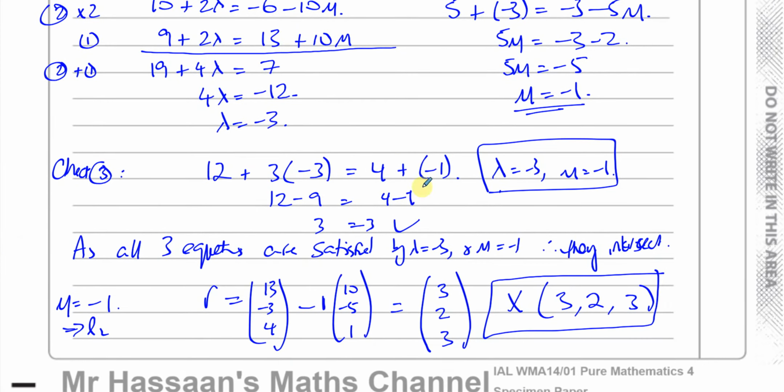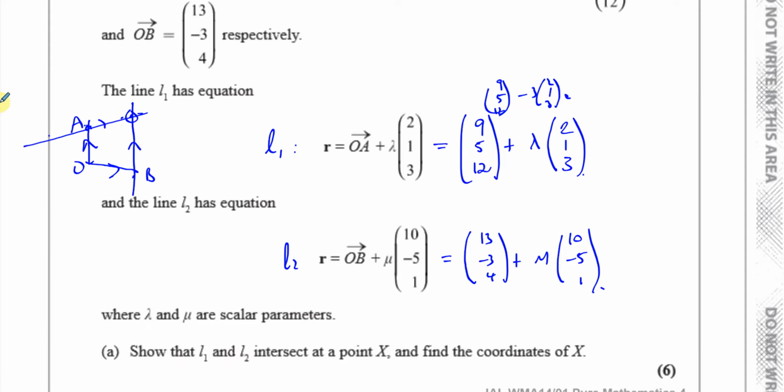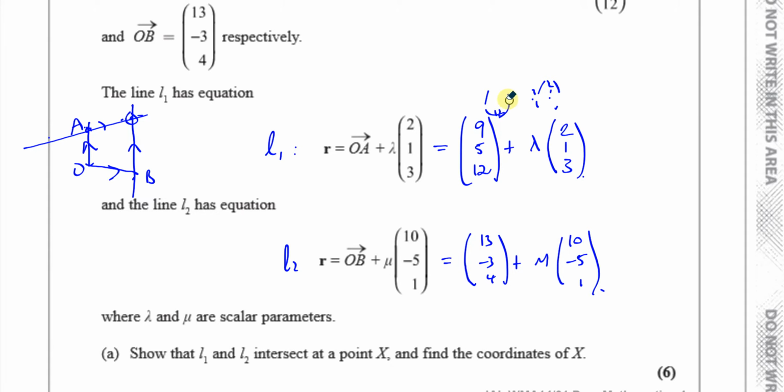So we've shown that they intersect, and we've also found the point where they intersect. Now, if you wanted to make sure you were correct, you could have put lambda equals minus 3 into this equation here. You're going to have 9, 5, and 12, minus 3 times 2, 1, and 3.